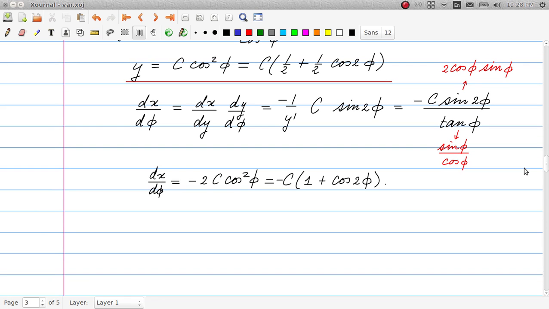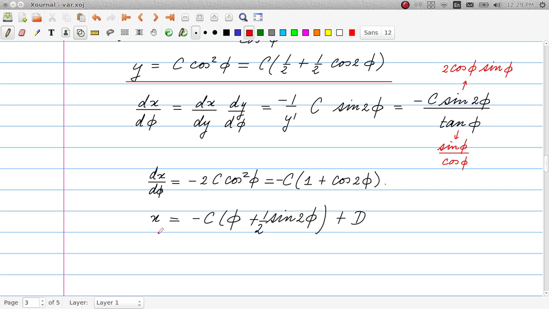Then obviously, in order to have x explicitly as a function of phi, we need to integrate, and that leads to minus c times phi plus a sine of 2 phi with a half in front, and then there is an extra integration constant called d.